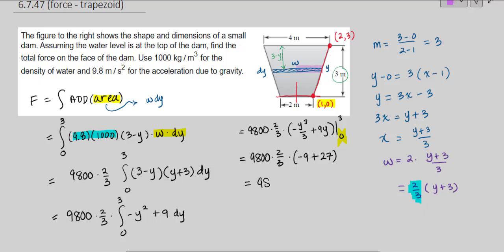So this will be 9,800 multiplied by 2/3 multiplied by 27 minus 9, so that's 18. This 3 will go in there once and go into there 6 times. So we'll have 9,800 times 12. 9,800 times 12 will be 117,600. And units of force are newtons. So that will be the force on the dam wall.